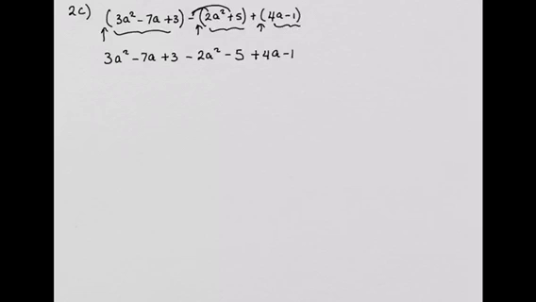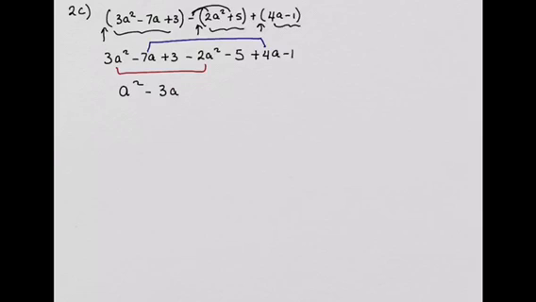And now we combine like terms. Here we have the a squared terms. If we combine those, 3a squared minus 2a squared will give me a squared. We have the a terms, minus 7a and plus 4a, so minus 7a plus 4a will give me negative 3a.